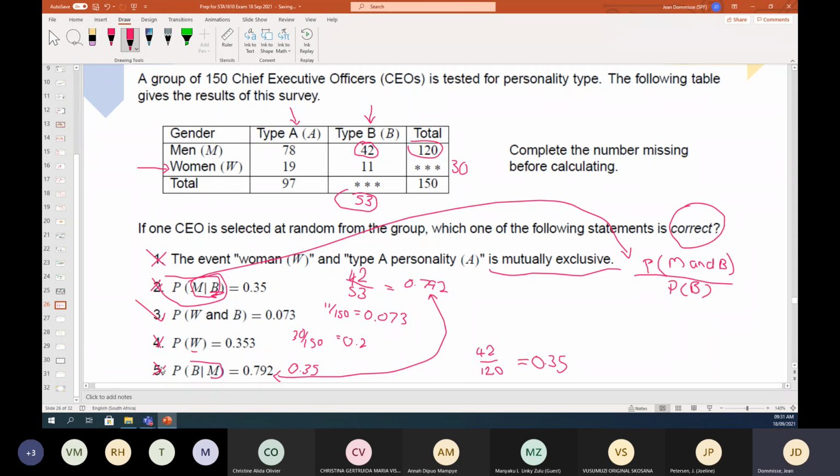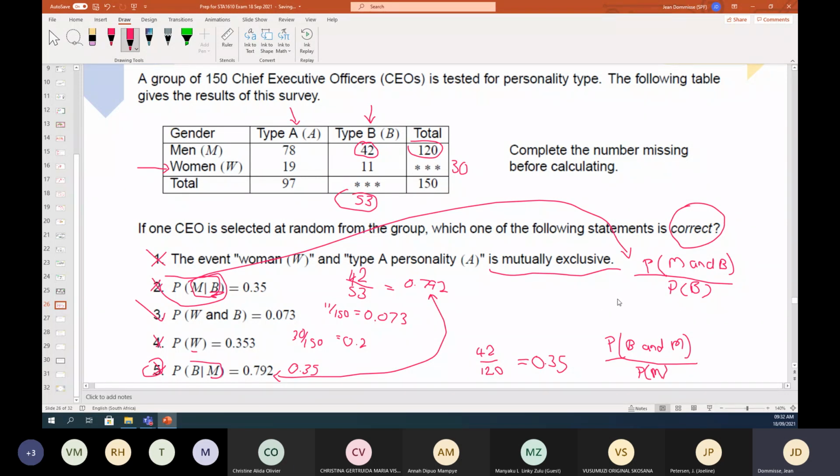So in option 5, the probability would have been B and M, but to say B and M and to say M and B is exactly the same. But the big difference comes in with this one, I divide by the probability of M.